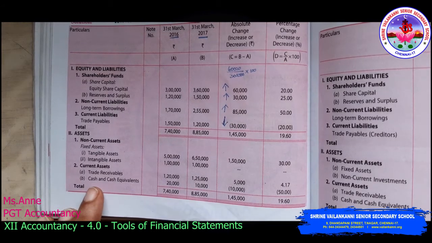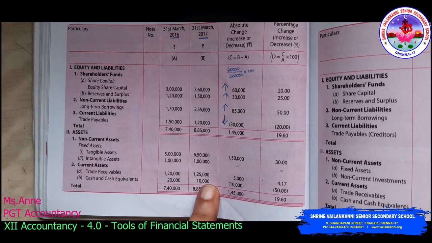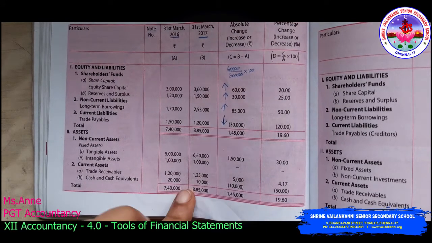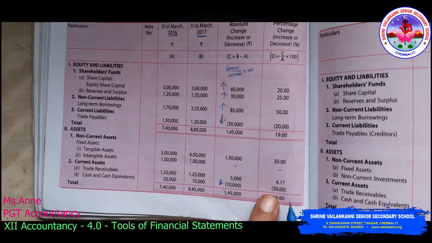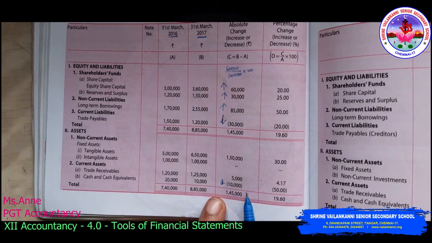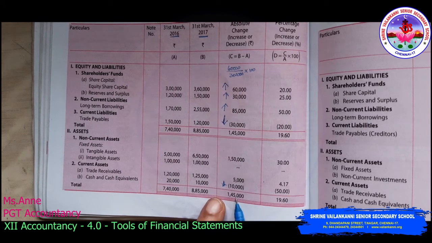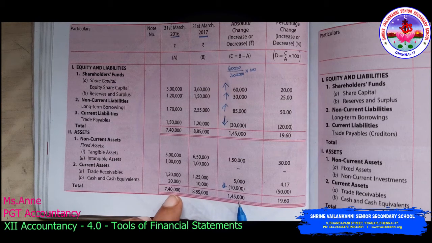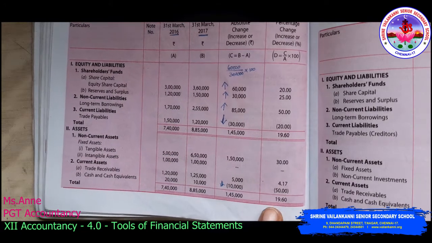Then we have cash and cash equivalents. Last year it was 20,000, but this year it has reduced to 10,000, which means 10,000 is the effective change. Since it is reducing, you need to show it in brackets, and even the percentage in brackets. Always remember that for the total percentage, you cannot subtract; you should do 1,45,000 divided by 7,40,000 into 100, which gives 19.60.